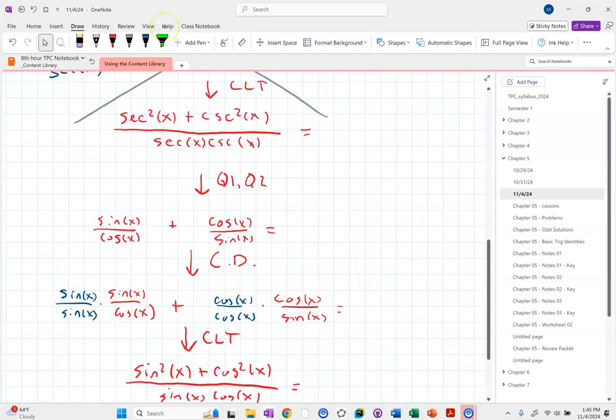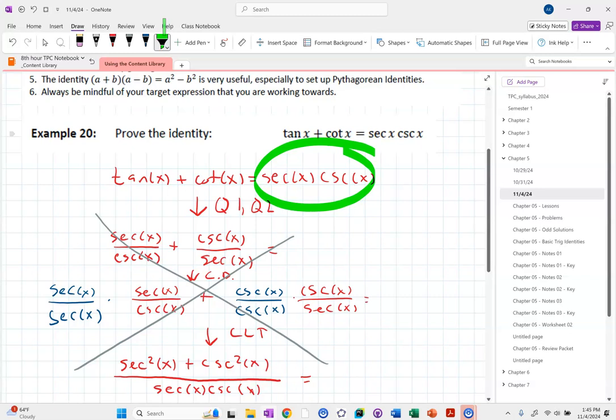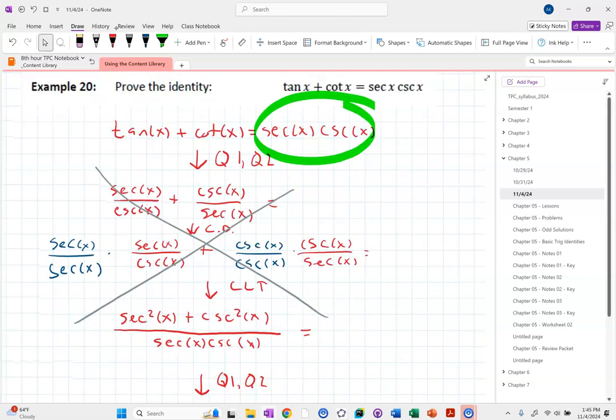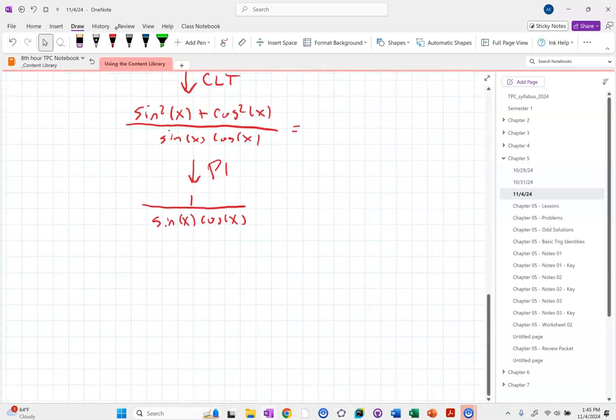Remember where we're trying to get to is secant times cosecant. There's no addition or subtraction there, right? So I've just made a really nice improvement, something that I didn't see an obvious way to do before with our first set of choices, right? That's what I've been trying to do, is get rid of the addition and subtraction so I can turn this all into a multiplication problem. That looks pretty good so far.